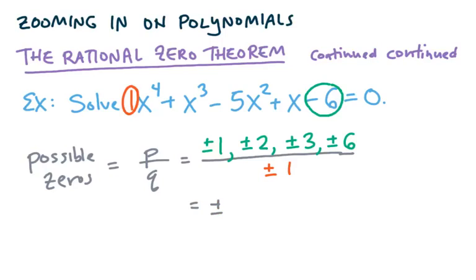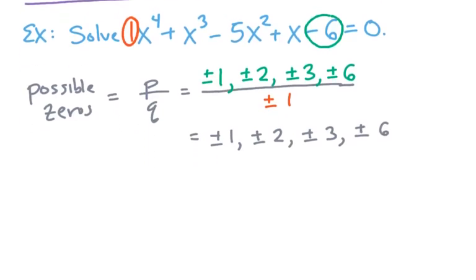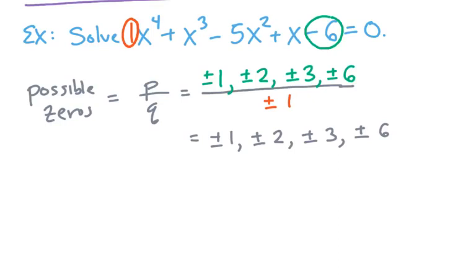So we really just end up with plus or minus 1, plus or minus 2, plus or minus 3, plus or minus 6. And depending upon who you are, you may benefit from being a little bit more specific with that, listing out 1, -1, 2, -2, 3, -3, 6, -6.